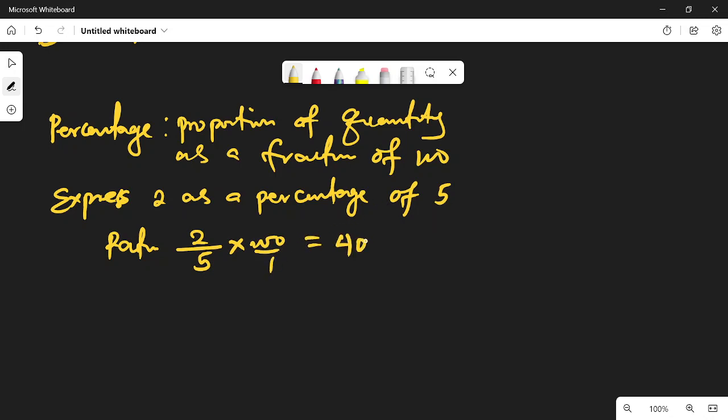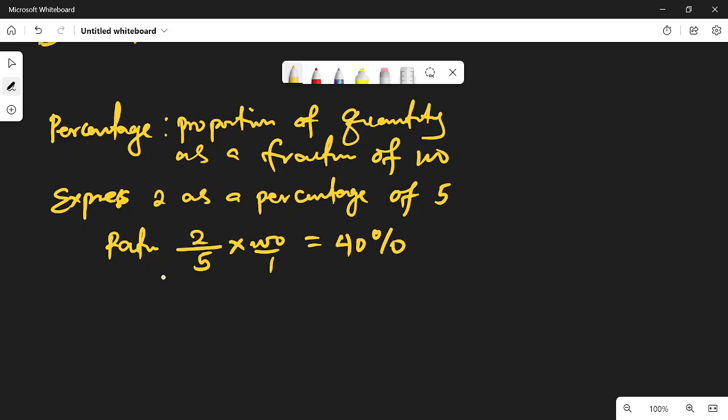And this will just give us 40%. Do you get that now? So this is going to be 40%. That is 40% of 5 is going to give us 2. Okay? I hope you understand this now.